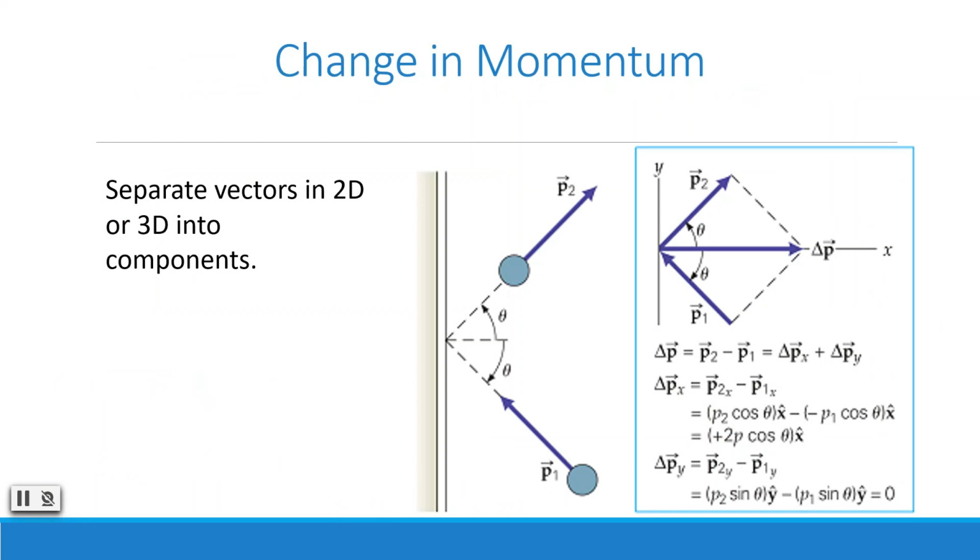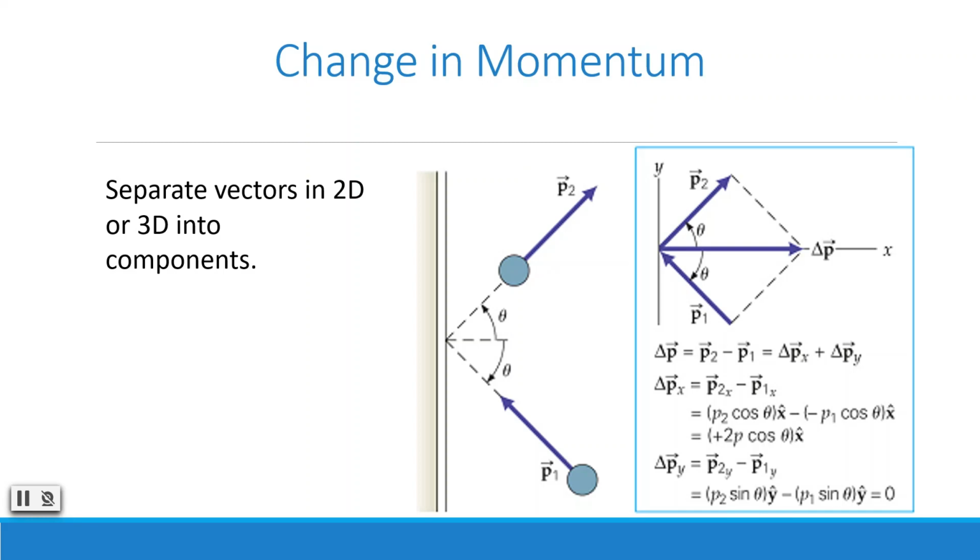Now, when we're looking at change in momentum, it's very rare that an object actually rebounds in one dimension. Most often, objects will rebound at angles. Momentum is a vector, which means it can be conserved or calculated in 1, 2, or 3 dimensions.